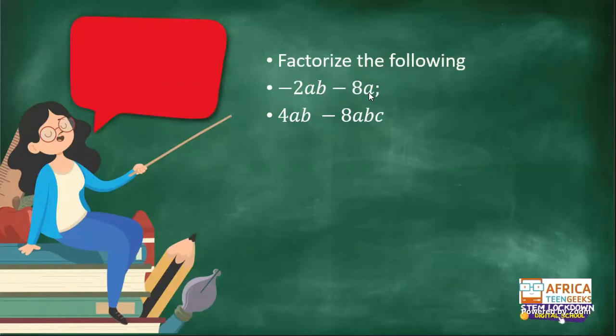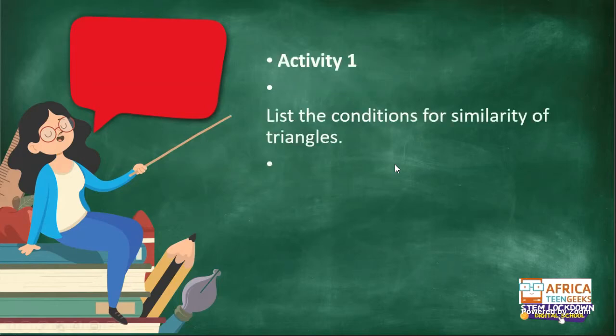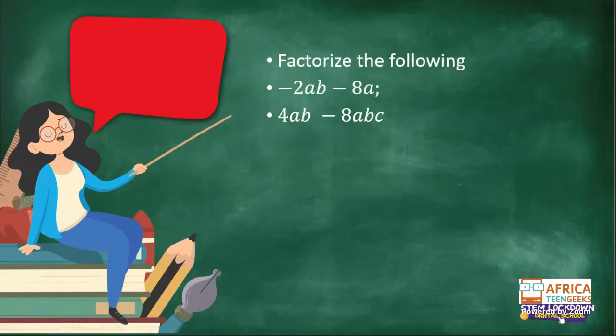There won't be any a anymore, because there's only one a there. a is also a common factor, which means you need to take it out. Once you have taken out the a, the remainder will be b plus 4.